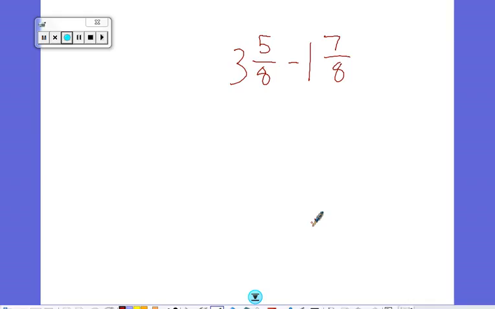So what we're going to do is borrow 1 out of the 3 and stick it right here. Okay? So that's going to change my 3 to a 2. Now I'm going to take 1 out of that and put it with the 5, but my 1 has to have a certain shape to it. And that shape is going to be 8 over 8.